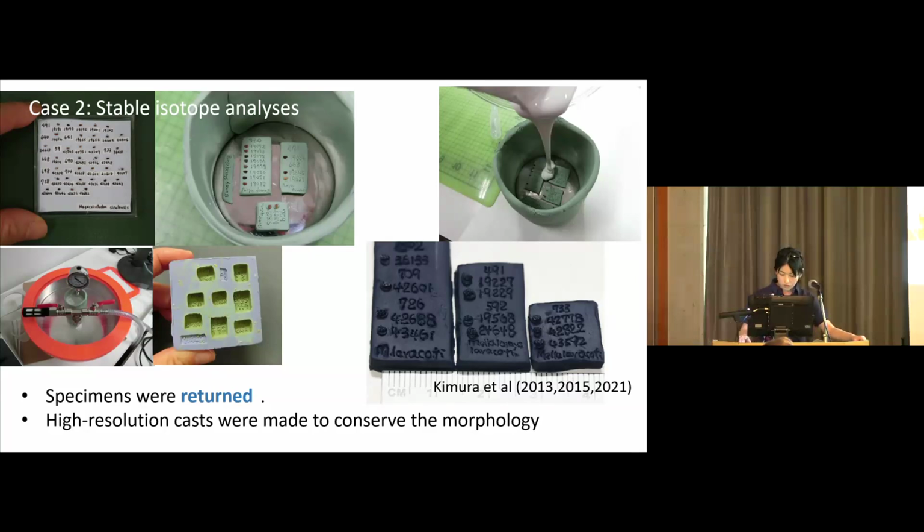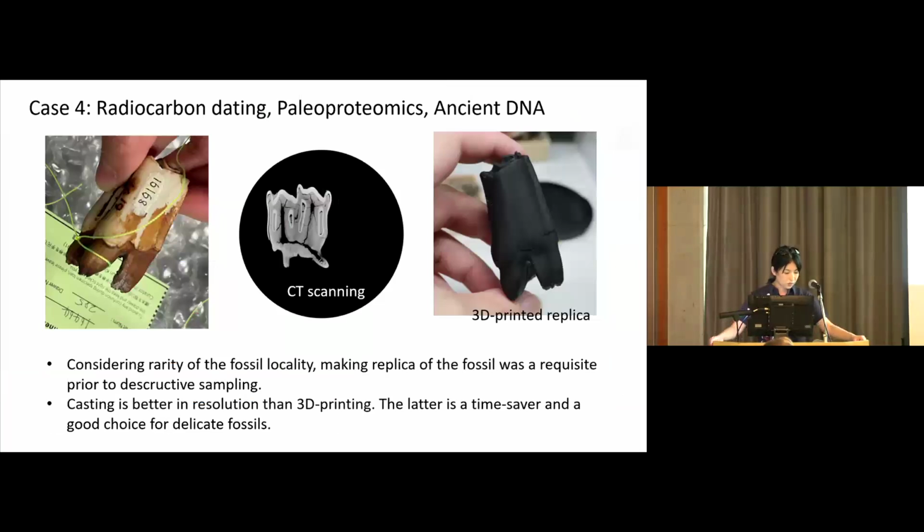And some fossils are so rare because their locality is already gone or very hard to access. And this bison tooth, also from Japan, came from such a locality. This is an ongoing project by Takumi and his colleagues, including me. And considering the rarity of this locality, we made a fossil replica before he collects the ancient DNA sampling.